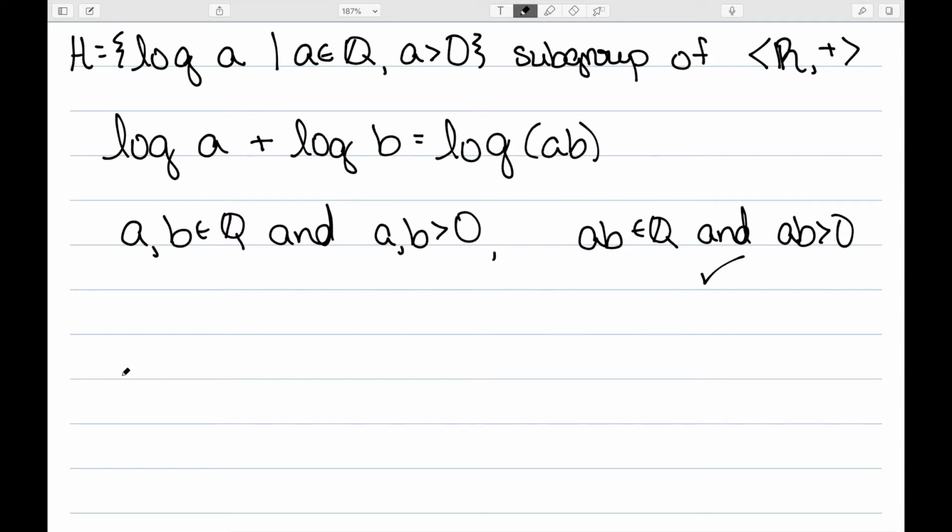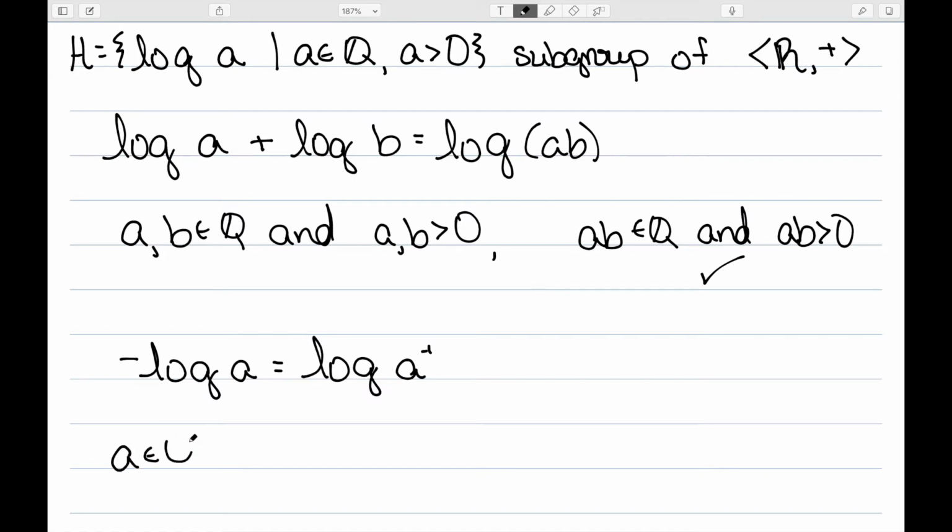What about under inverses? Since our group is under addition, we need to really look at negatives. So I need to look at negative log of A. Properties of logs tell me this is the same thing as log of A to the minus 1.